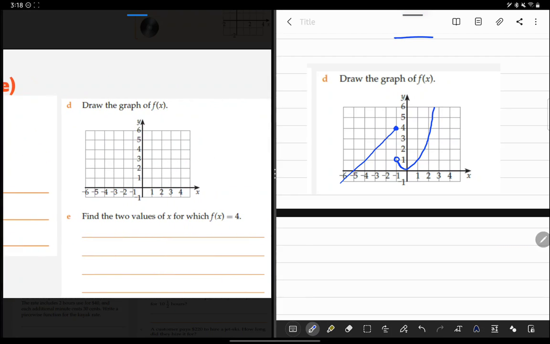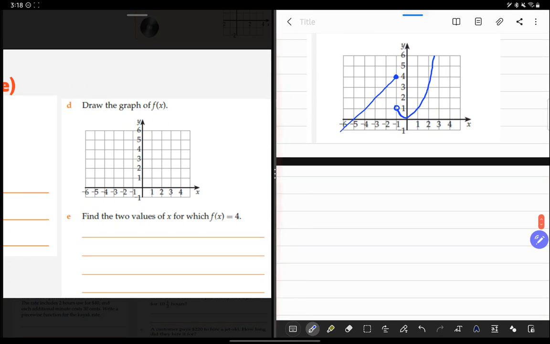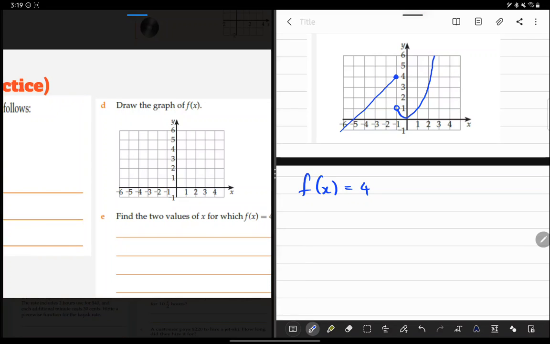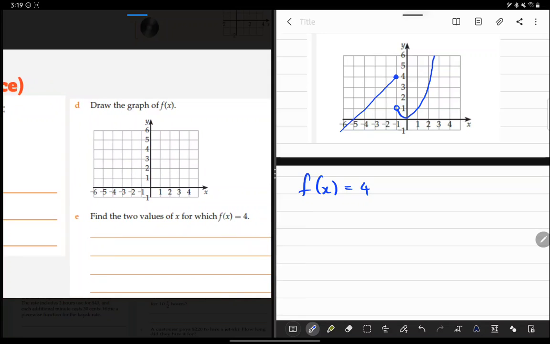Find the two values of x for which f of x equals 4. Cool, we're saying f of x equals 4. Now we can use the equation, but if we've drawn the graph right, it's quite easy. We can see on the graph already. Here's f of x equals 4.